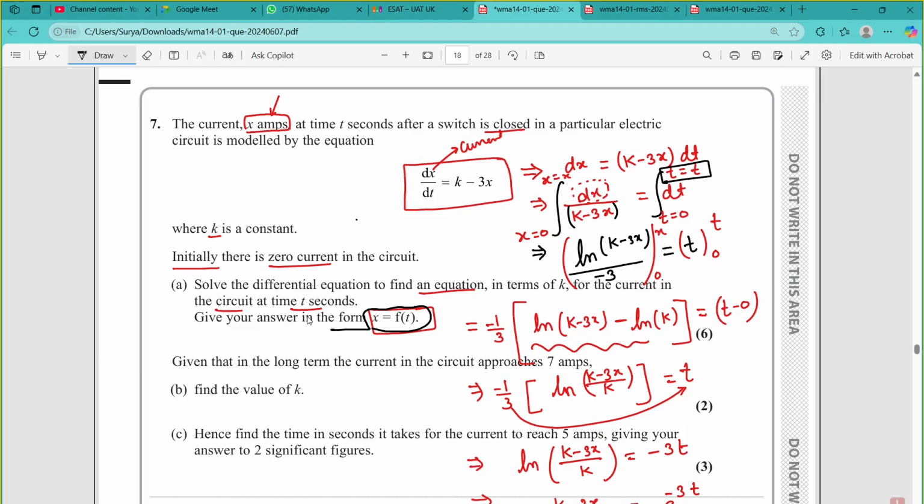The question is not saying find for t equals 1 second or t equals 5 seconds like this. The question is saying write in terms of t. So we have taken this as a variable t, and corresponding to that, we have x also as a variable x. We have to write a function. So you have to keep your variable t as a variable, right? Are you getting this?